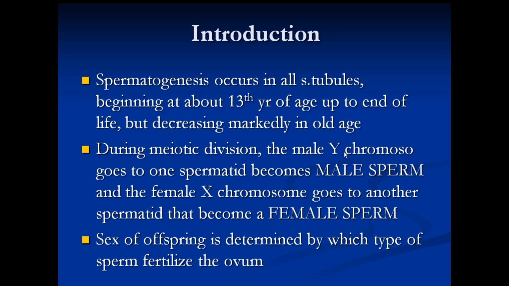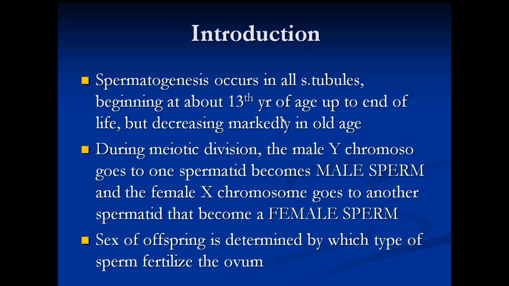As far as the introduction is concerned, spermatogenesis occurs in all seminiferous tubules, beginning at about 13 years of age up to the end of life, but the rate of sperm formation markedly decreases in old age.